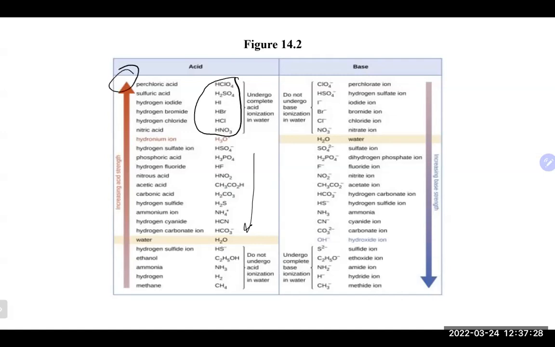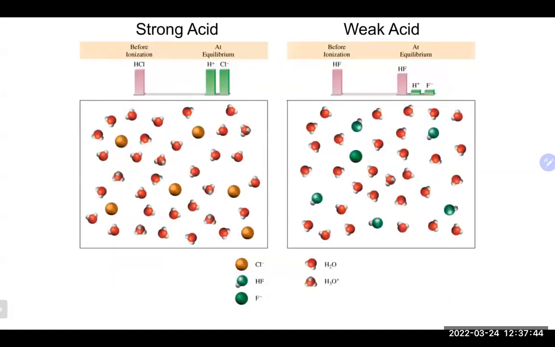This is our strongest acid, and this is a relatively weak conjugate base, and vice versa. Weak acid on this end, much stronger base on this end, and those are the partners across the aisle there. So again, a strong acid or a weak acid will either 100% break apart like we have with our strong acid, or pretty much stay together with our weak acid and break apart a little bit.